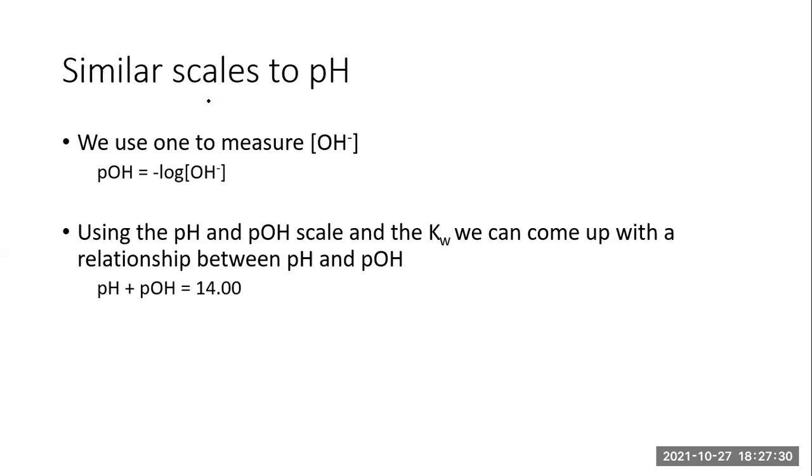We talked about this a second ago. There is a similar scale to pH, which is the pOH. That is the minus log of the OH- concentration, just like pH is the minus log of the H+ concentration.